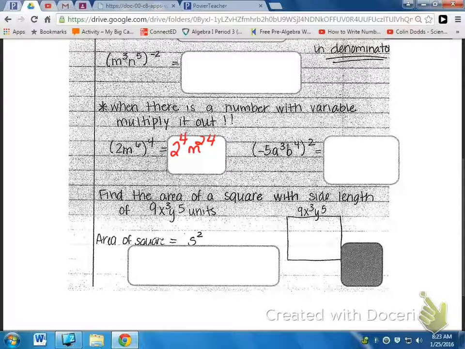You should not leave the exponent on the numbers. Go ahead and multiply those out. So 2 times 2 times 2 times 2, when you multiply that together, you would get 16, and then you would have m to the 24th. This one would be your answer.